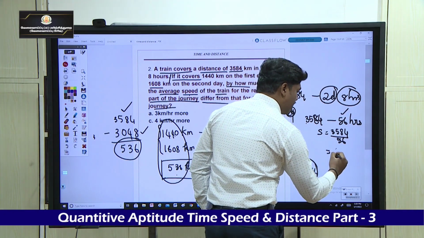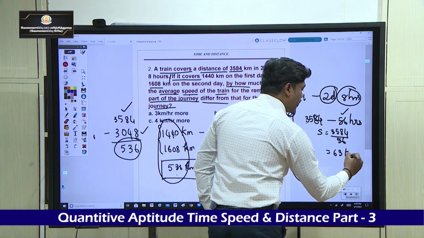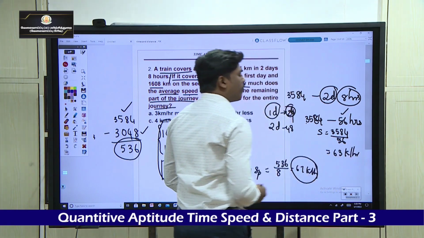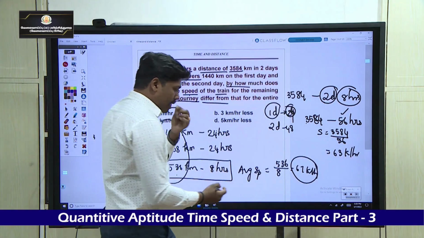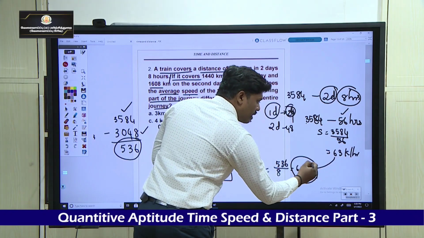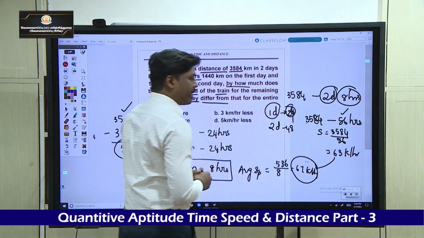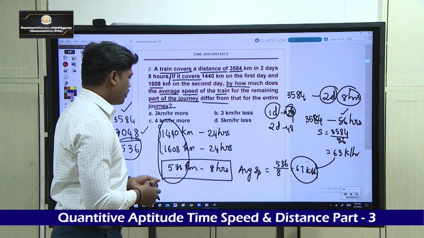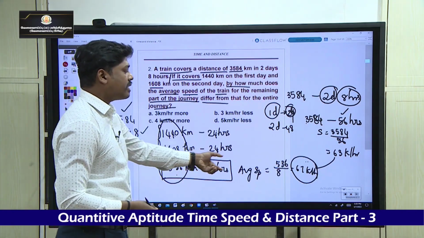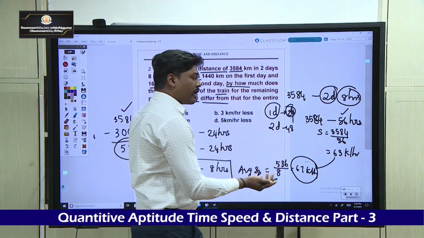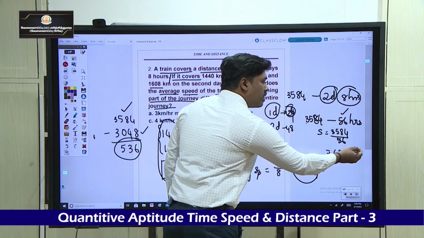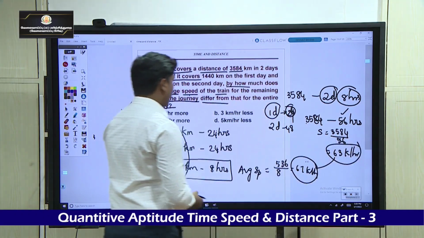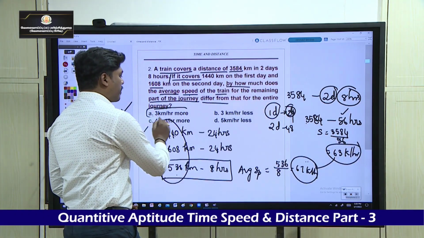Upon dividing, you will be getting 63 kilometer per hour. So while comparing, the speed of the remaining part is 67, which is 4 kilometer per hour more than the speed of the entire journey. So your answer is 4 kilometer per hour more.